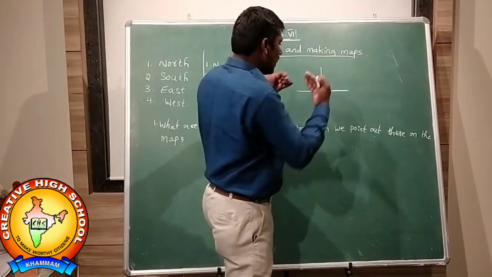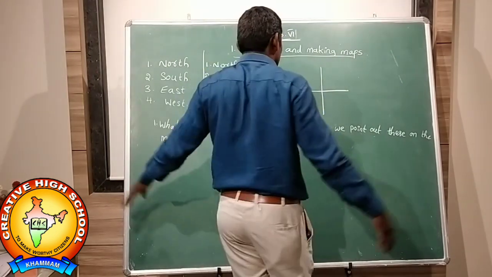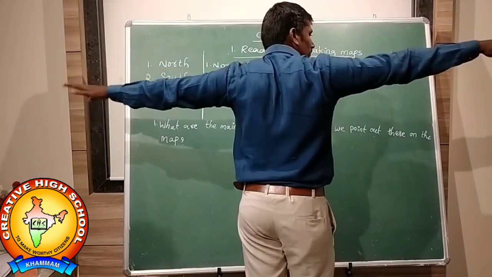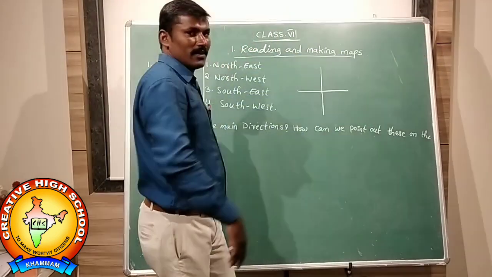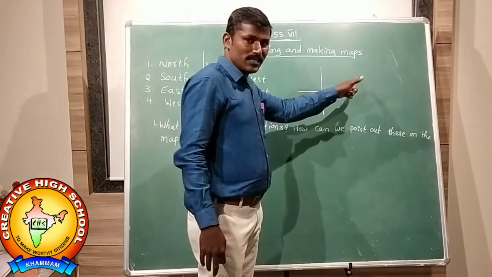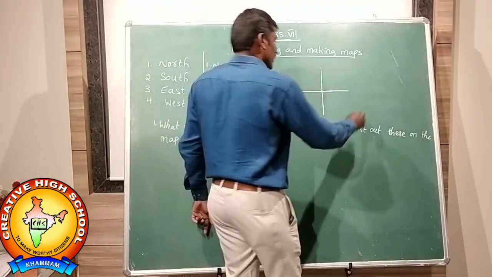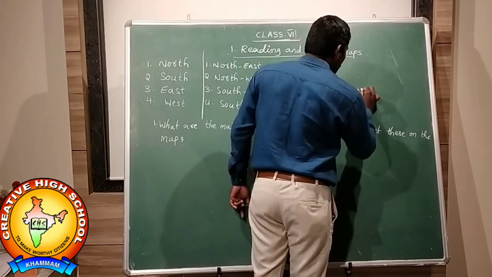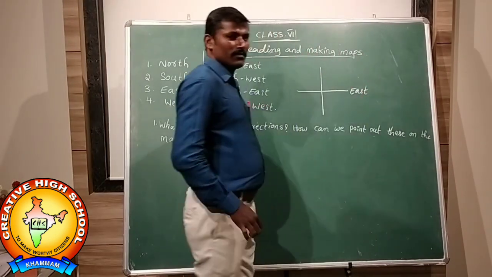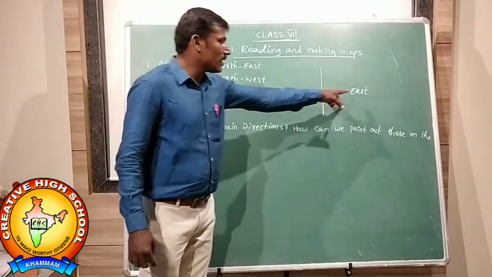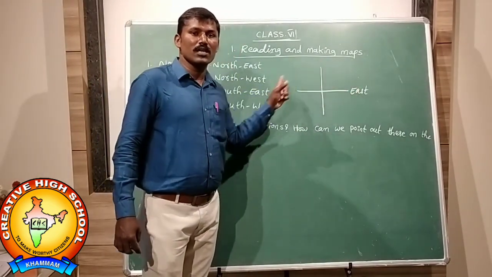I stand in front of the map like this. Here this is my right hand. So what is this direction? Yes, this is the east. And this is directly opposite to east.